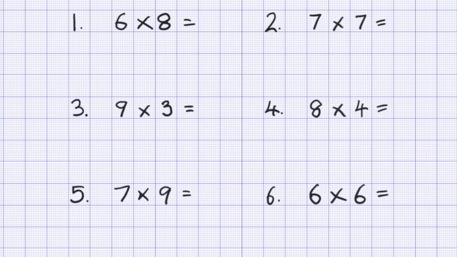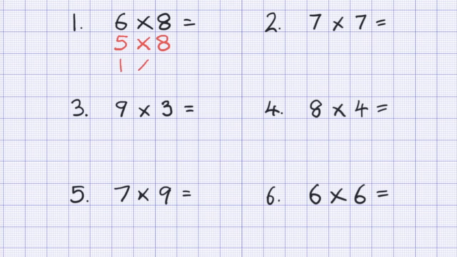Okay, so this is how I would do number 1. Okay, 6 times 8. So the 6 would be the easiest one to use with the 5 times tables. So we could use 5 times 8. And then there's 5 lots of 8, so all we need left to do is 1 lot of 8.